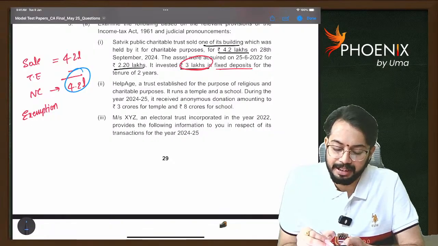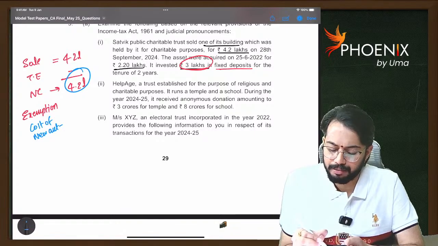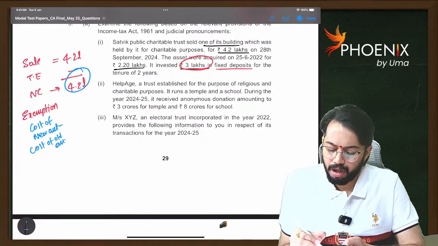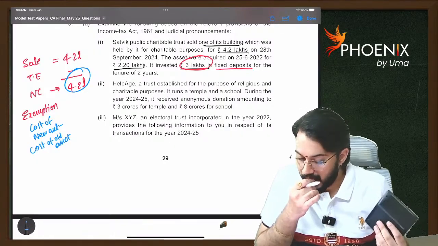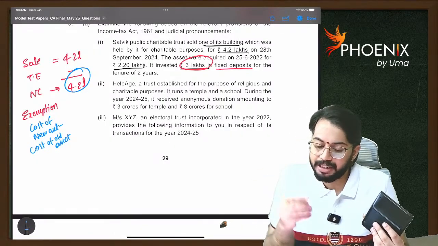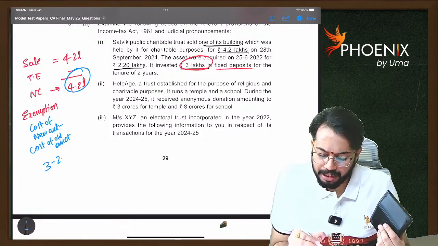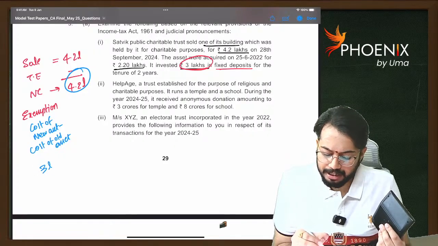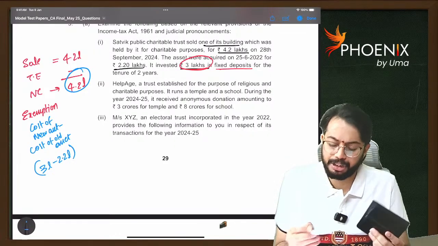Now, how much is exemption? Exemption is equal to cost of new asset minus cost of old asset. Cost of new asset, or reinvestment, is 3 lakhs. Cost of old asset is 2.2 lakhs. 3 lakhs minus 2.2 lakhs, how much? 80,000.